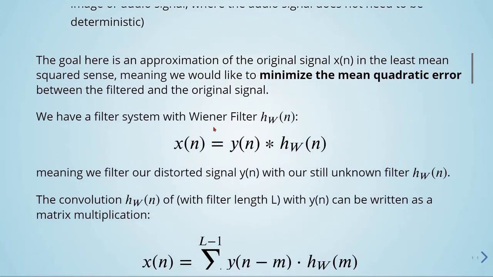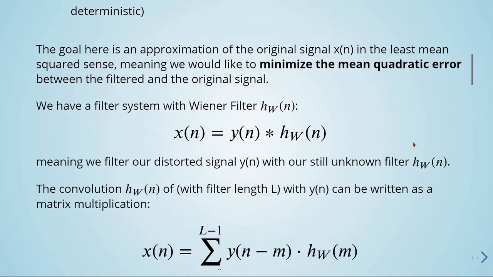If we have a filter system with Wiener filter h_w, then x of n is equal to y of n convolved with h_w. This is our Wiener filter, this is our distorted signal, and this is what we want to get back as our original signal, or an approximation of it, meaning that we filter our distorted signal y with our still unknown filter h_w of n.